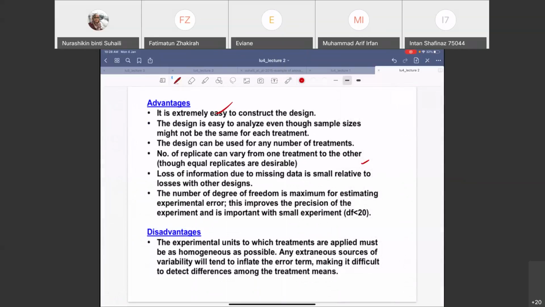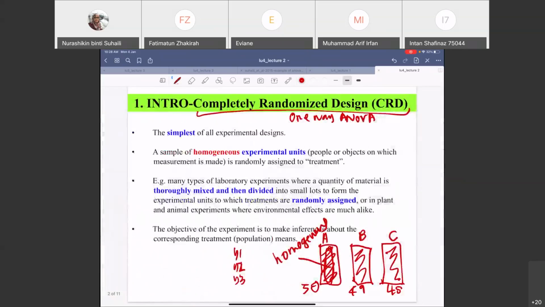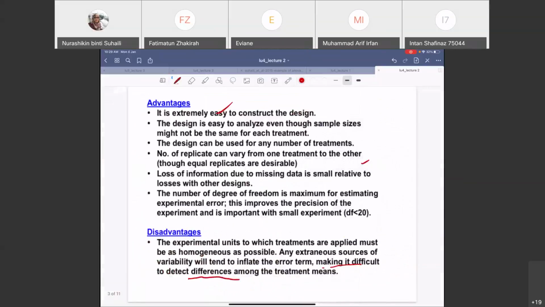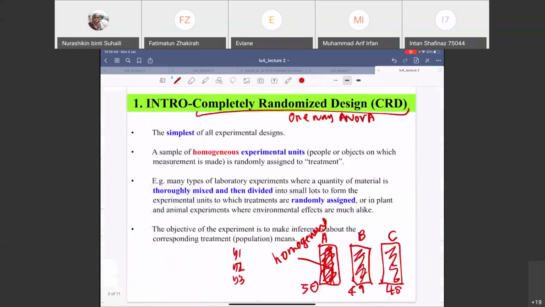So the disadvantages. Here, any extraneous sources of variability will tend to inflate the error term, making it difficult to detect differences among the treatment means. Although it looks simple in terms of execution, like you randomize the collection of the data, it is still difficult to detect differences.